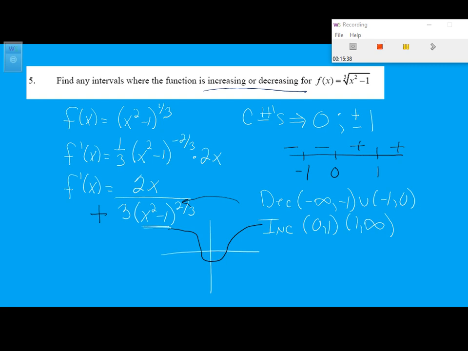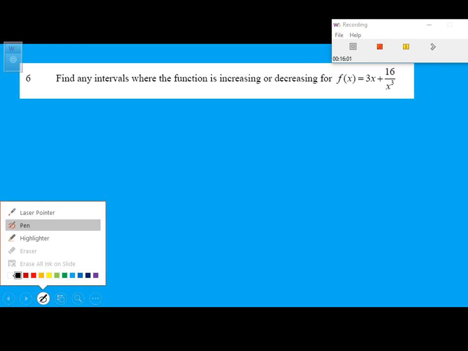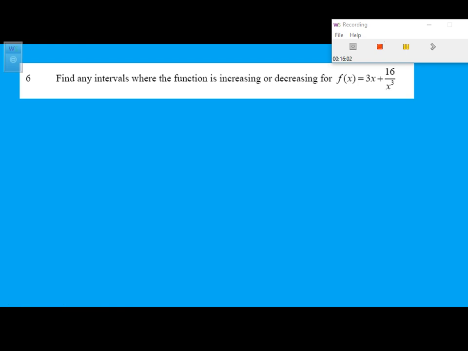Okay. I will do your number 6 with you, because it's got some algebra that I want to remind you about. Find any intervals where the function is increasing or decreasing. So once again, let's find our first derivative, which is going to be 3, and then let's think about 16x to the negative third.